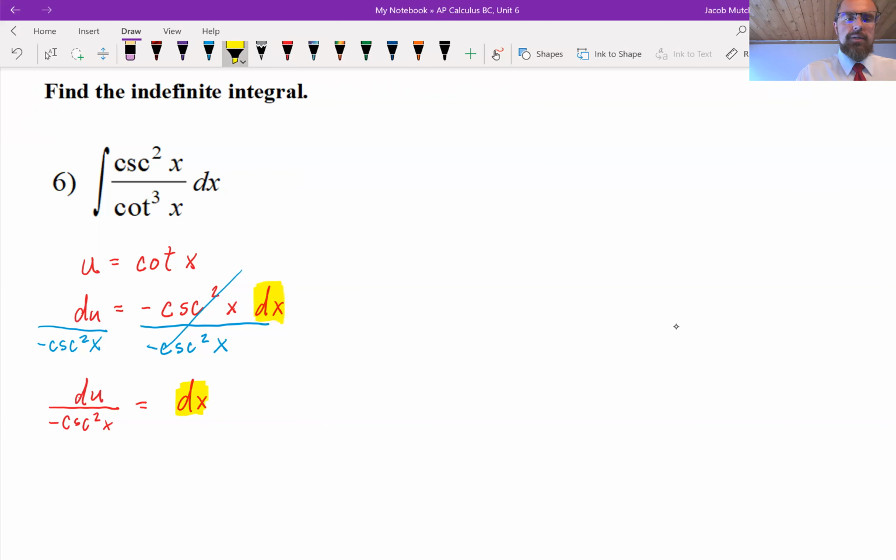So let's make our substitutions. We've got some pieces set up here. So I'm going to start off by calling this the integration of cosecant squared of x. I didn't make any substitution for that factor in the numerator. We'll see in a moment how we'll treat that. Over, I'm calling u cotangent of x.